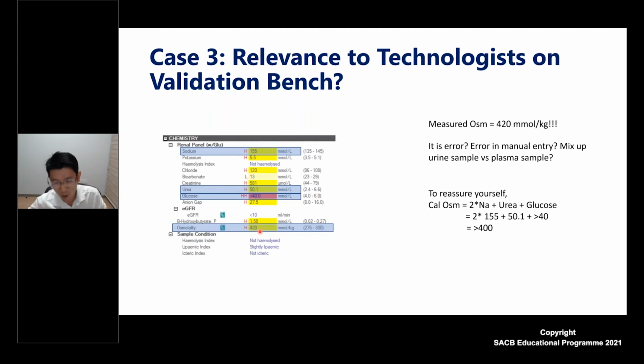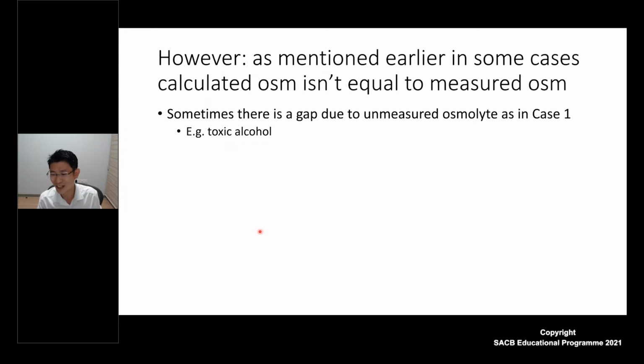We are confident we can validate the result because both are similar. However, as mentioned earlier, in less than 5% of the time there is a real difference. It's not because of sample mix-up, instrument error, or transcription error, but because there is really some ethanol or ethylene glycol inside the patient's plasma, therefore there's an osmolar gap.